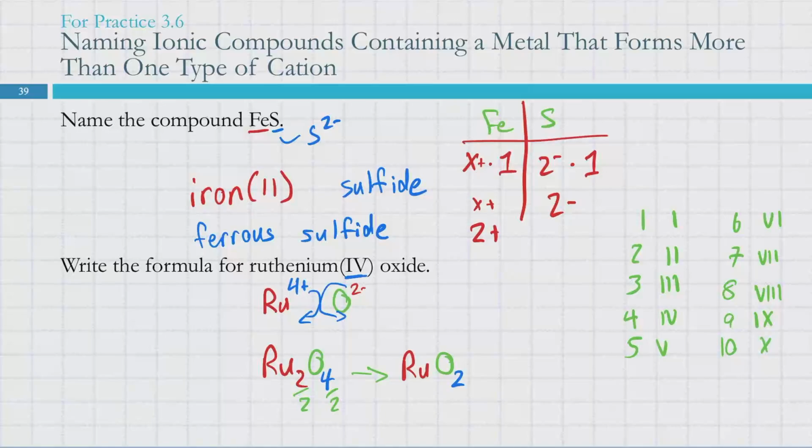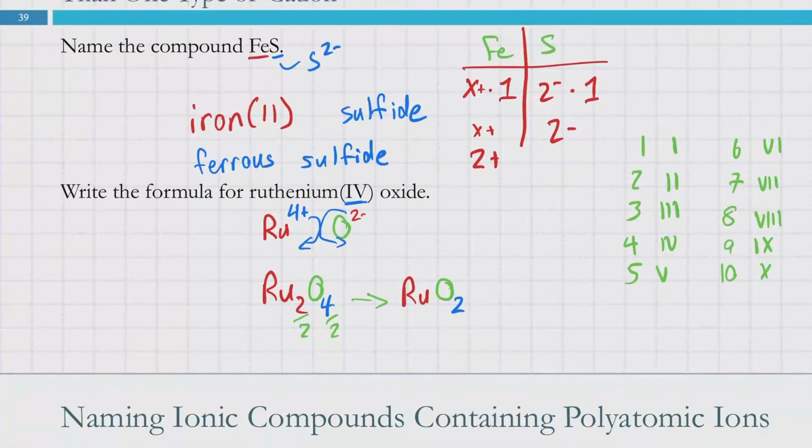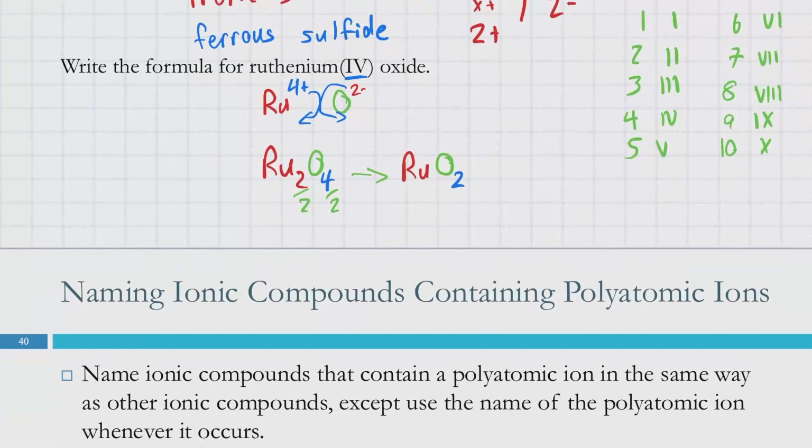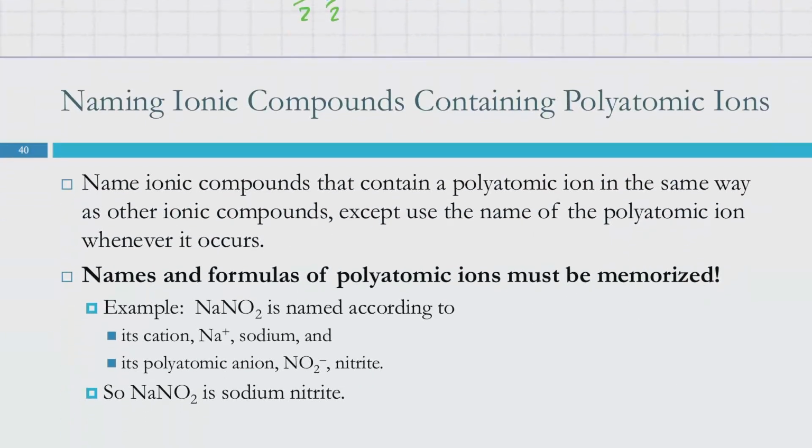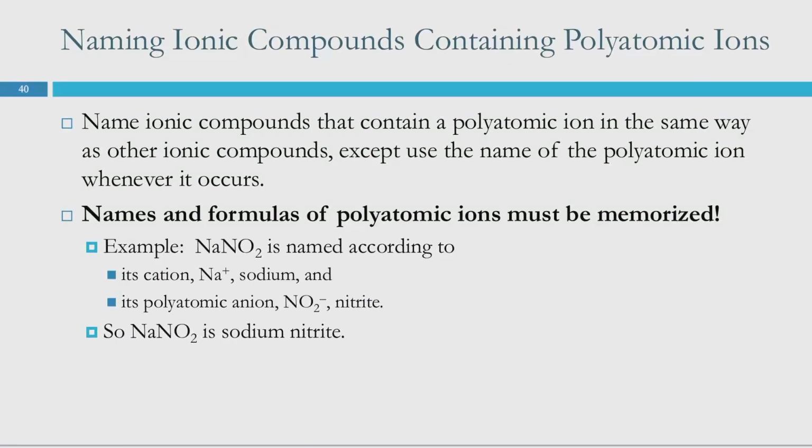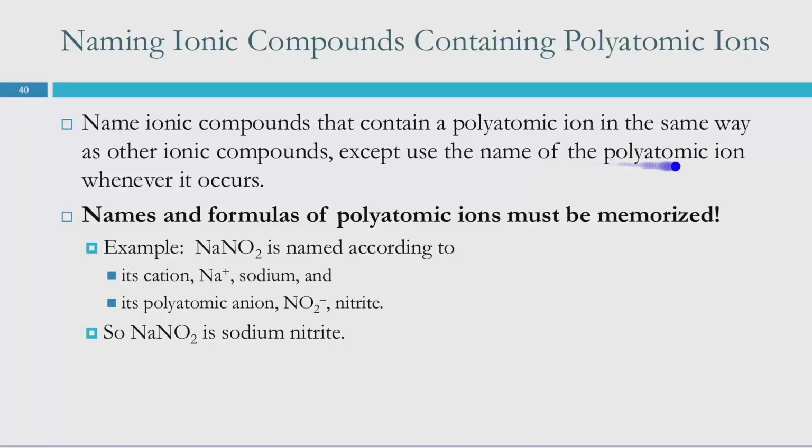So that's binary ionic compounds with monoatomic anions. We can also have polyatomic anions. These are basically the same, except that we're going to use the name of the polyatomic ion whenever it shows up.